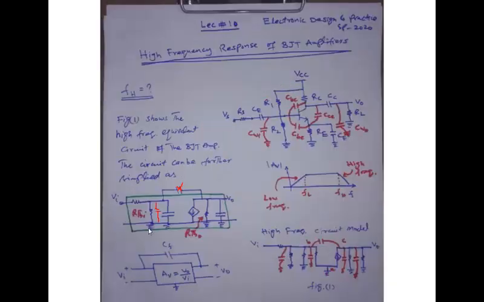So these two capacitances become parallel, and effectively they can be added. The total input capacitance CI at the input side of the two-port equivalent circuit would be CMI, Miller input capacitance, plus CWI plus CBE. So this is the total equivalent capacitance of the input side.